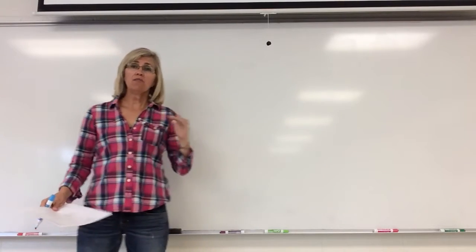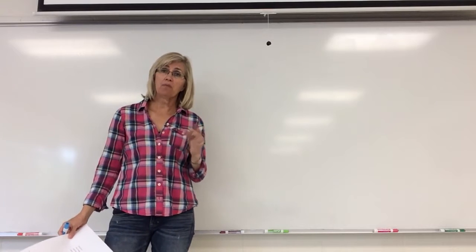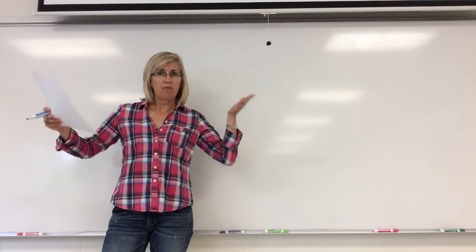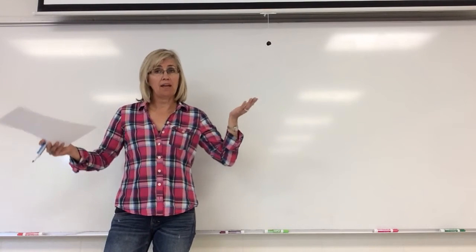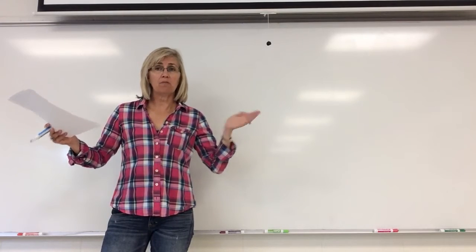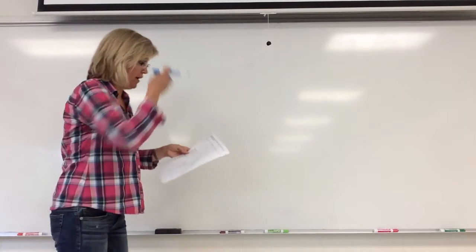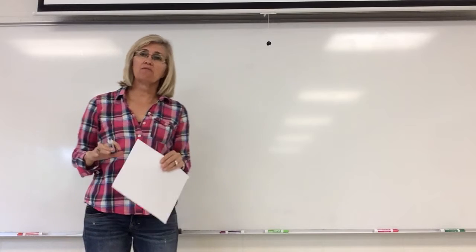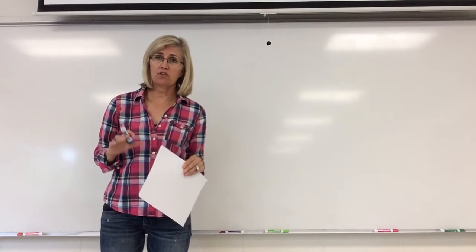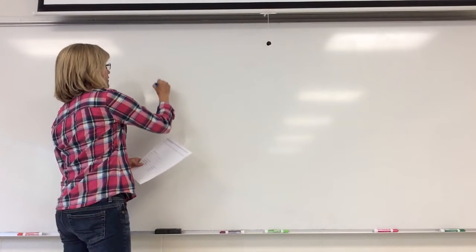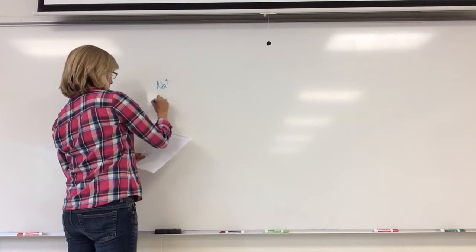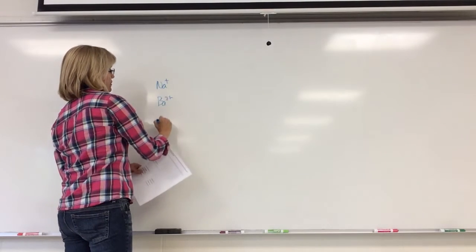Now, writing the formula, you have to remember that it's neutral. So the positive from the metal and the negative from the non-metal must match. I've made, first of all, kind of a training wheels, this little chart. So you've got a sodium, a barium, and an aluminum.